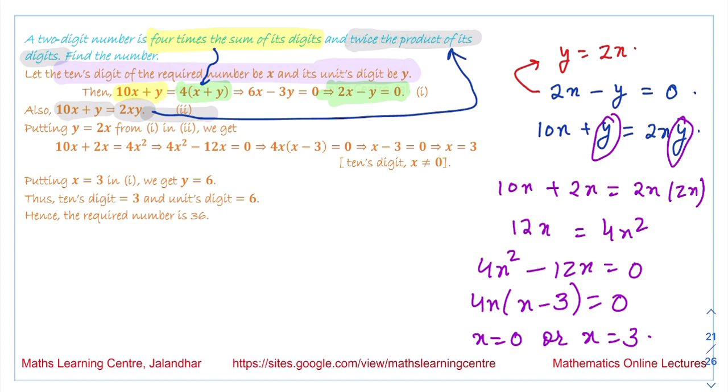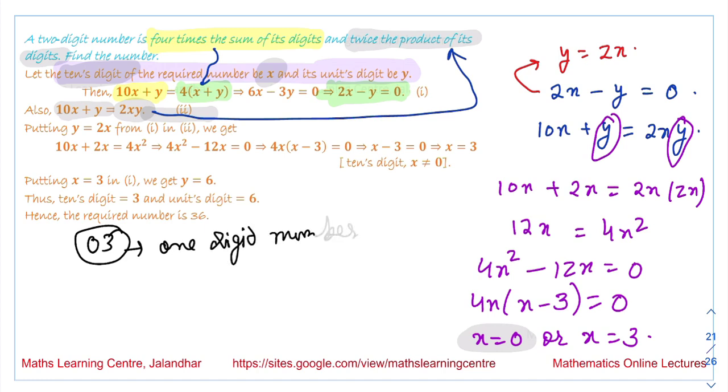What we are saying is that this value x is the tens digit and it cannot be 0. If the digit at the tens place is 0, then the number will become only a 1-digit number. So x is equal to 0 is not possible.